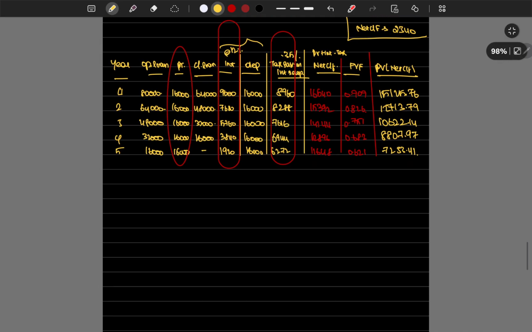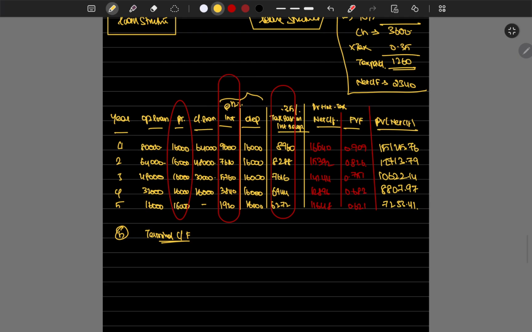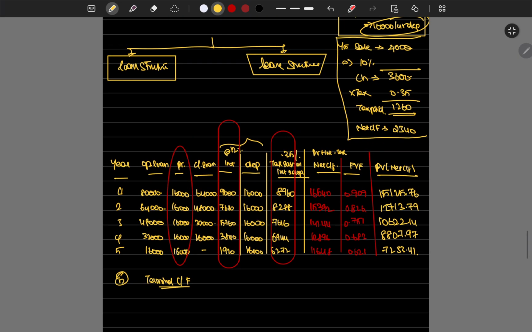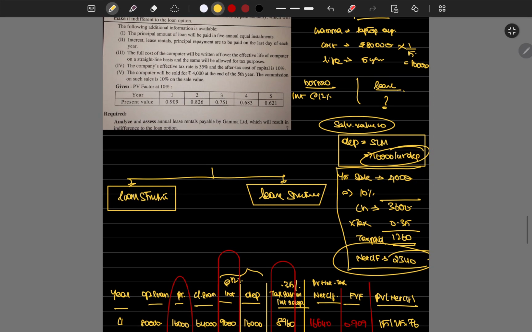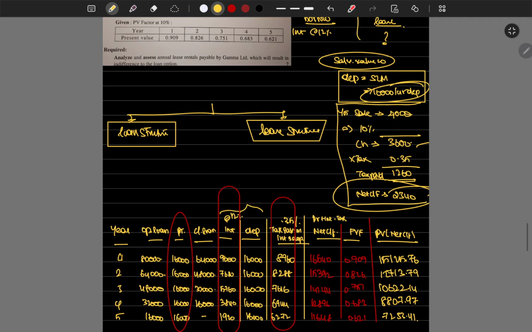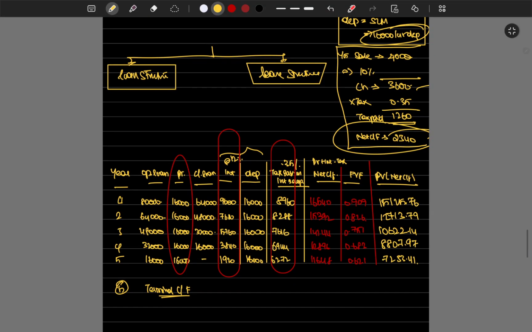Then comes the last year. If we purchase the machine now, we'll be getting the terminal value in the 5th year. How much do we get from this terminal cash flow? We have already calculated this. In the 5th year, we sell at 4,000 minus 10% commission, so we get a net of 3,600. That is the gross cash flow, and after that we have to deduct the tax portion also.